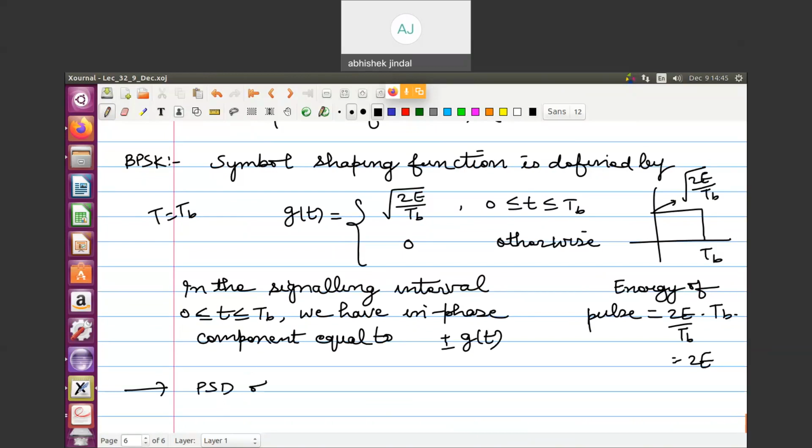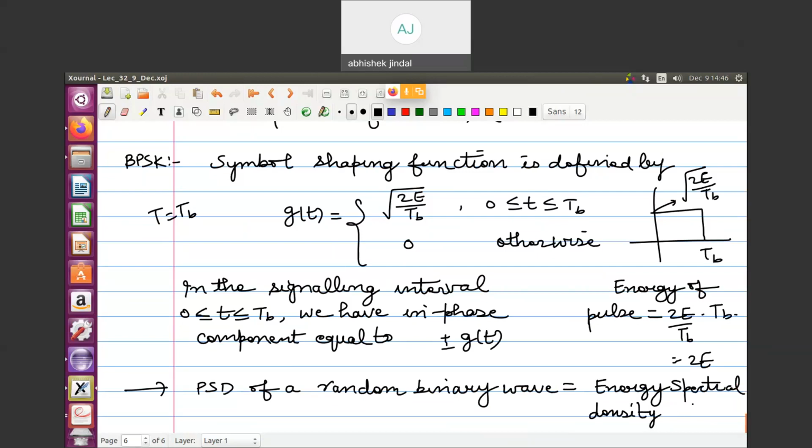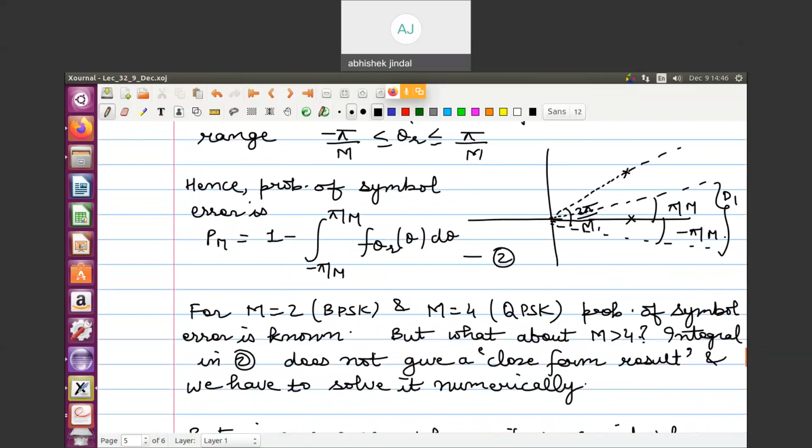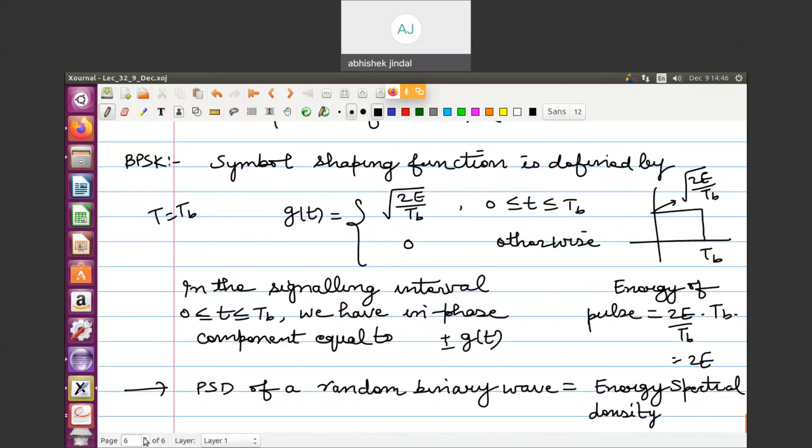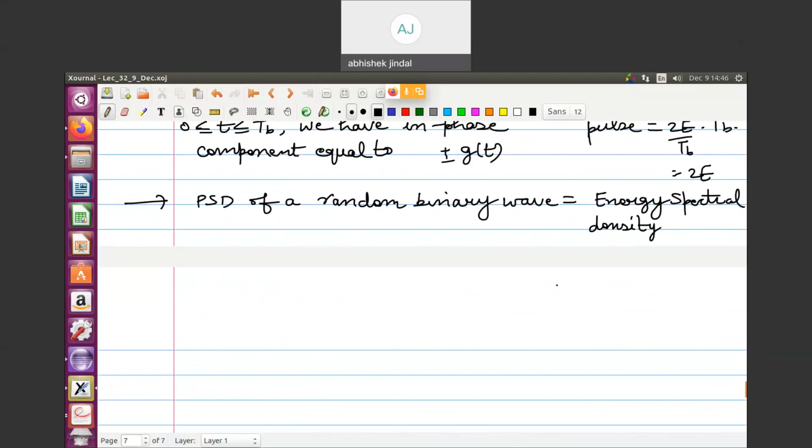So the PSD of a random binary wave, this is important to know, is equal to the energy spectral density of the symbol shaping function divided by the symbol duration.